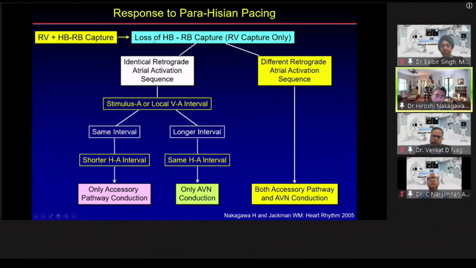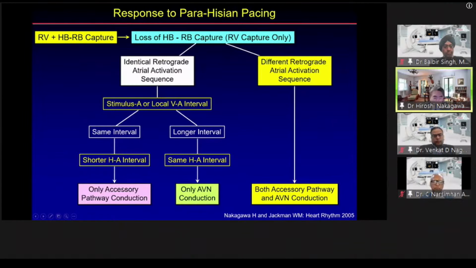But if you lose His capture, with RB capture only, and have an identical atrial activation sequence, then look at the stimulus-A or local VA interval. If you get a longer interval and the HA interval is the same, that indicates retrograde AV node conduction. Then if you lose His, with a same stimulus-A or local VA interval, but the HA interval becomes shorter, that indicates retrograde pathway conduction.